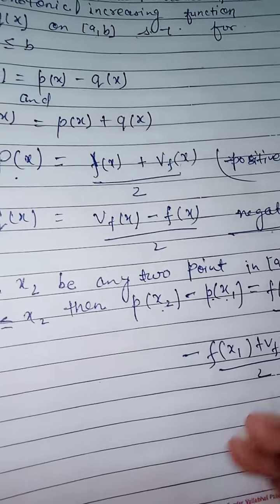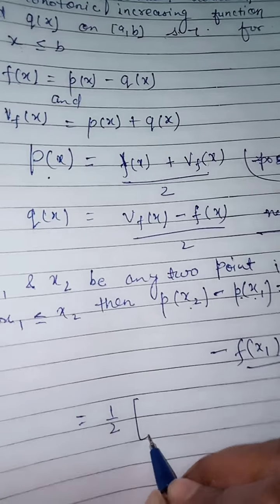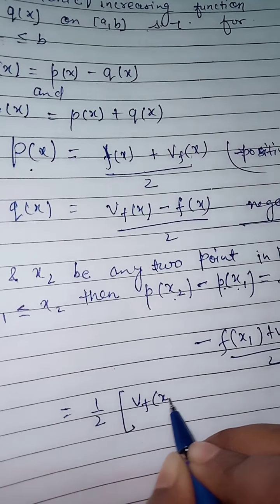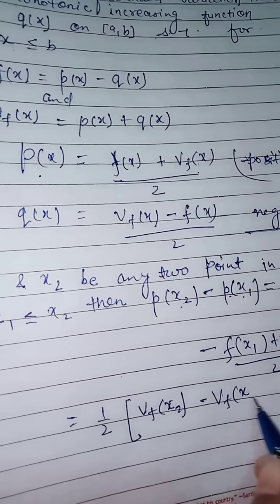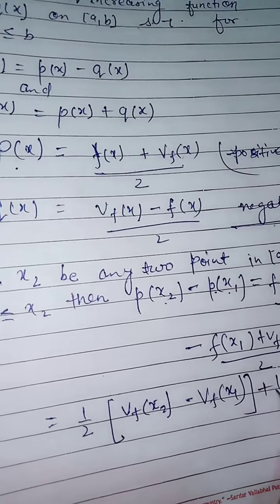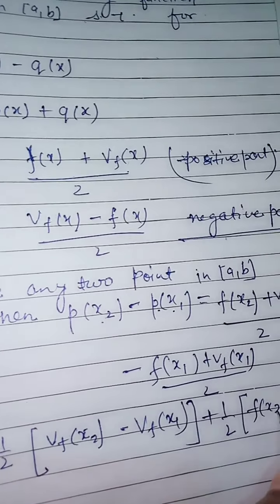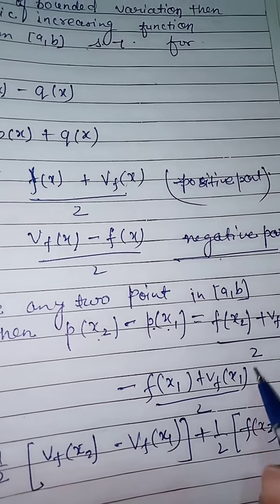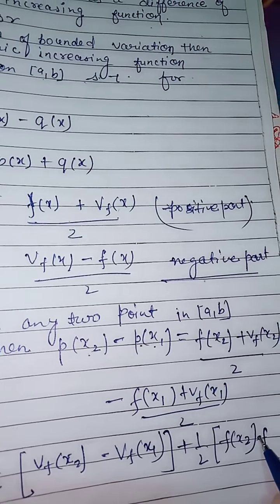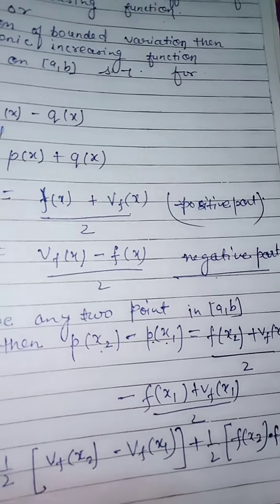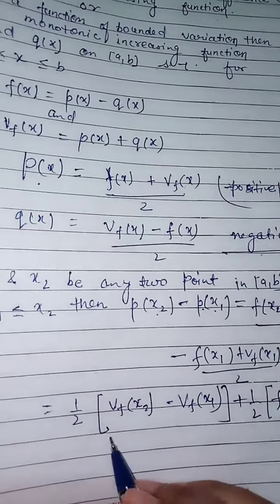In the same way, I have to solve this. First of all, take 1 by 2 out: V of f(x2) minus V of f(x1), and plus half of f(x2) minus f(x1). And what is that?